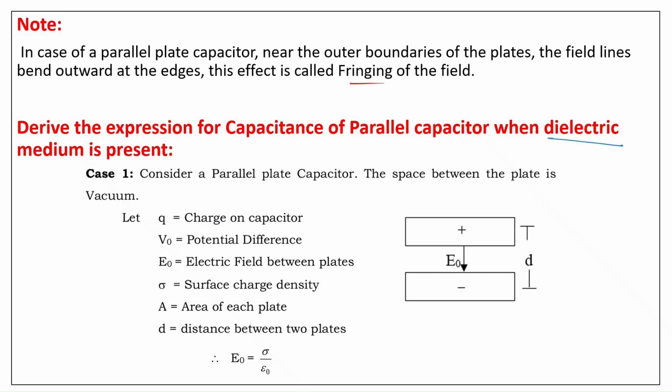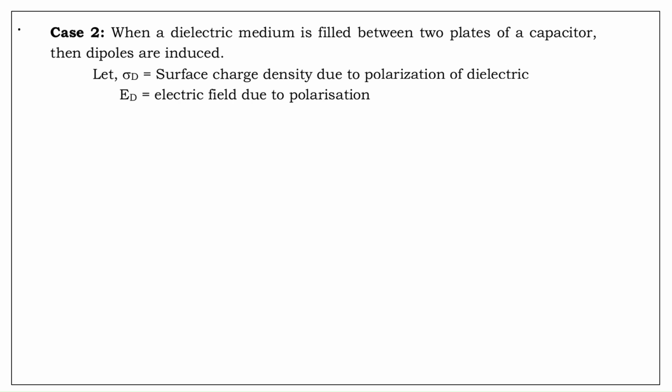Let Q be the charge on the capacitor, V0 the potential difference, E0 the electric field between plates, sigma the surface charge density, A the area of each plate, and d the distance between two plates. Therefore, E0 is equal to sigma by epsilon naught.